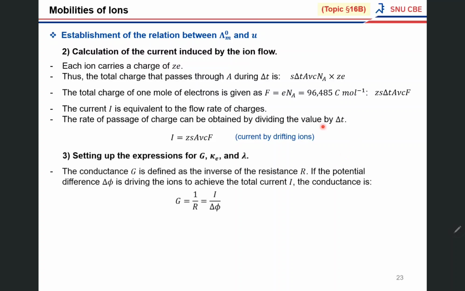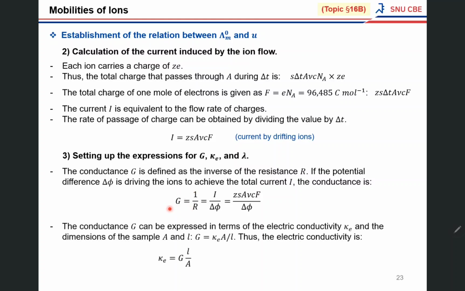So we're going to set the expression for the conductance, the conductivity, and the small lambda value. Here, according to Ohm's law, the conductance can be written as I divided by the potential difference, because it is the inverse of the resistance large R. If you substitute this I value with this group of parameters, you have the expression for large G, which is the conductance.